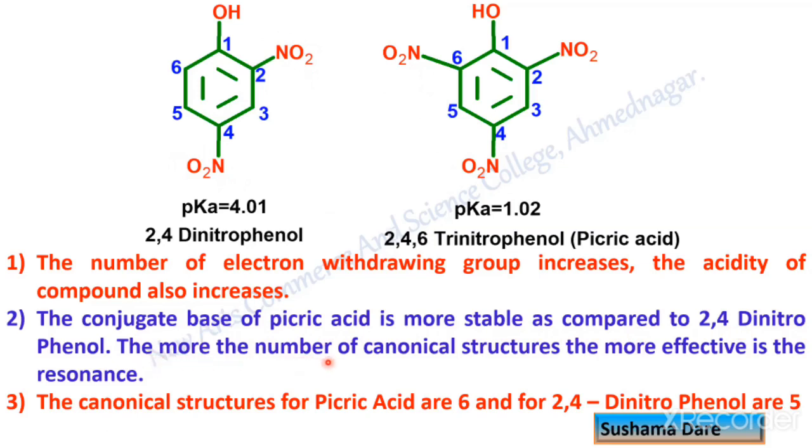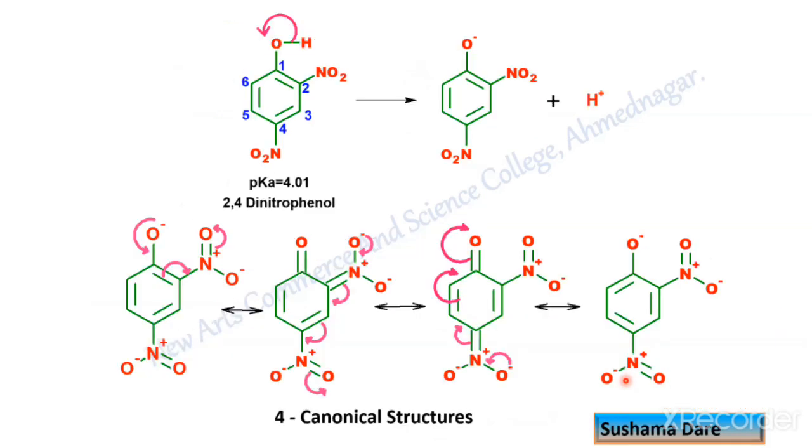The more the number of canonical structures, the more effective is the resonance. So as one more nitro group is involved in resonance, automatically there are more canonical structures. The canonical structures for picric acid are 6 and for 2,4-dinitrophenol are 5. So this is 2,4-dinitrophenol.